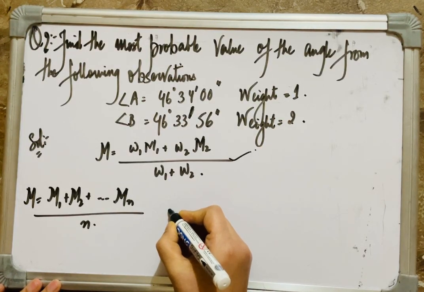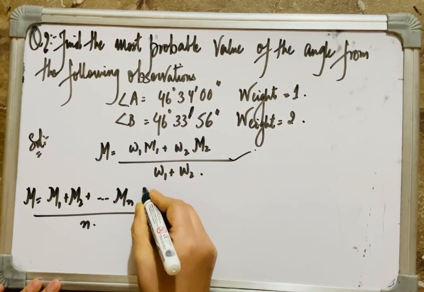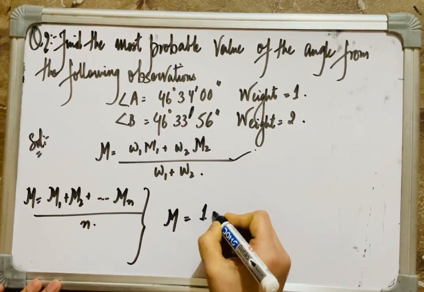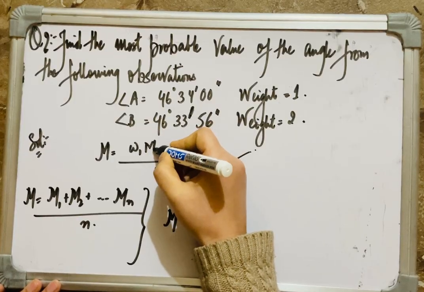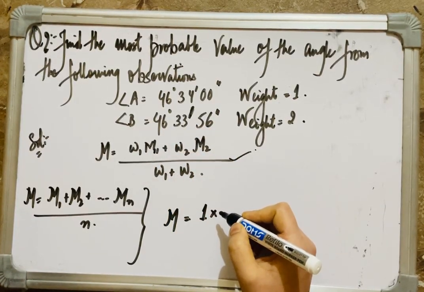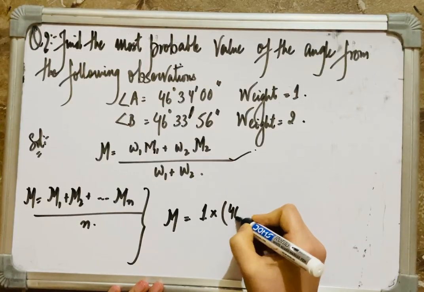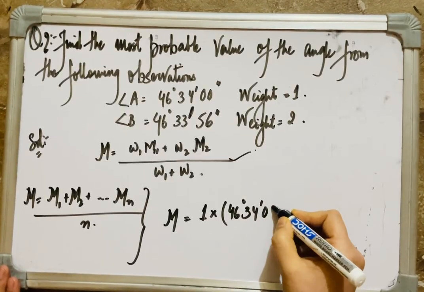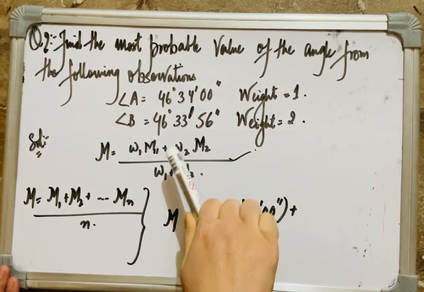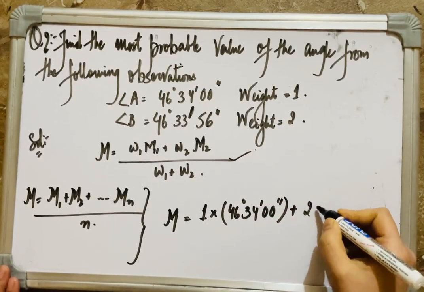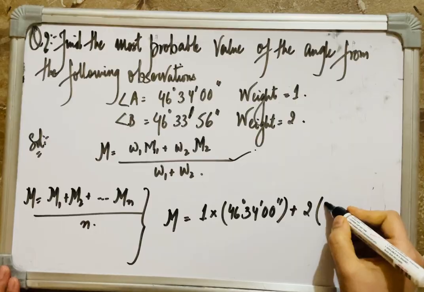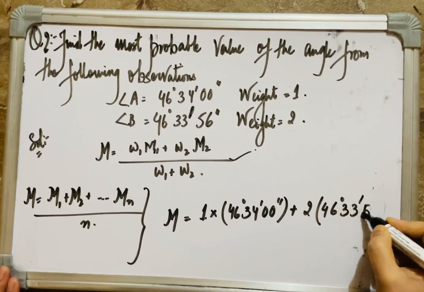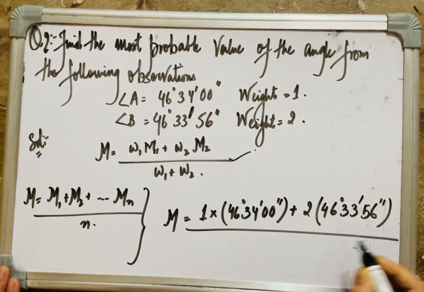So M is equal to W1, 1, measured value M1, 46 degrees, 34 minutes and 0 seconds, plus 2, 46 degrees, 33 minutes, and 56 seconds, divided by W1 plus W2.